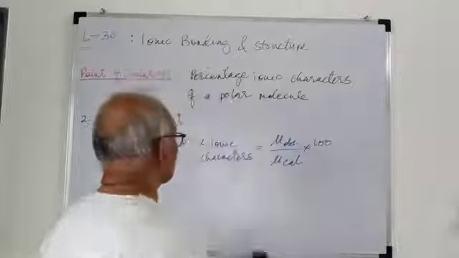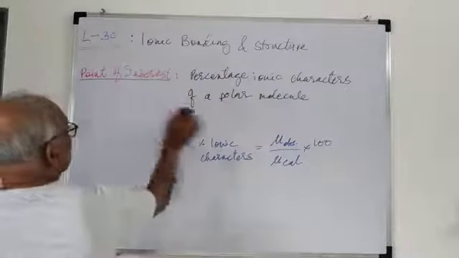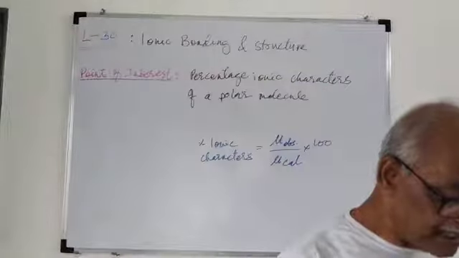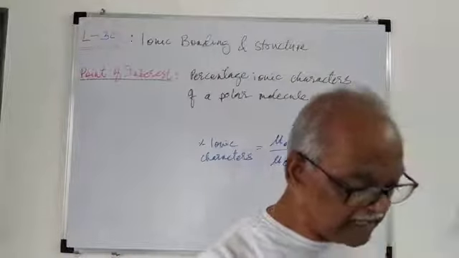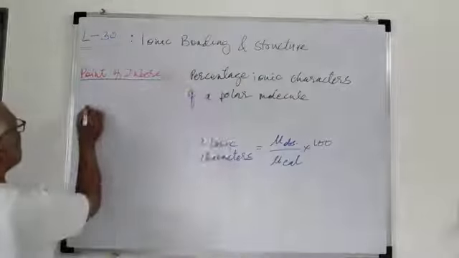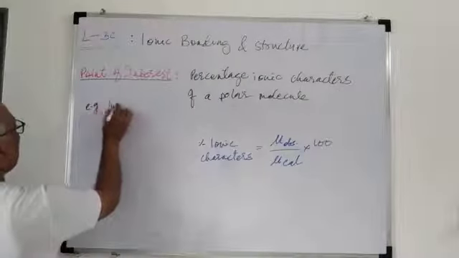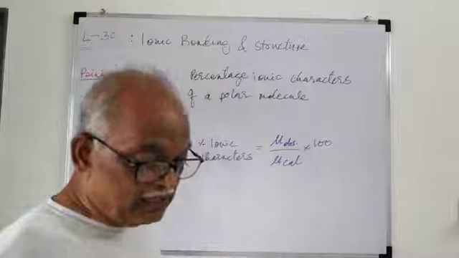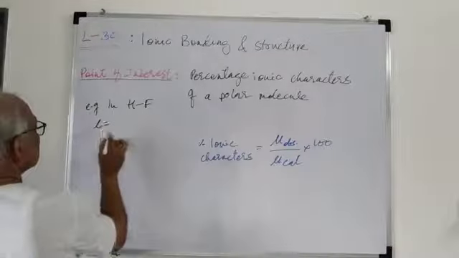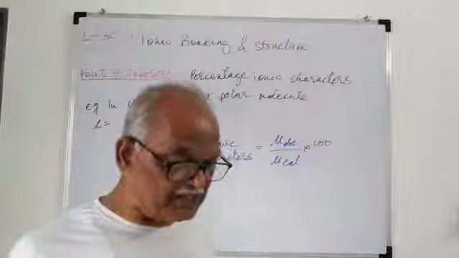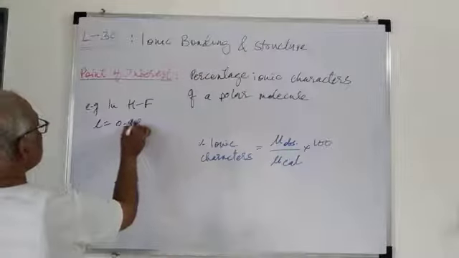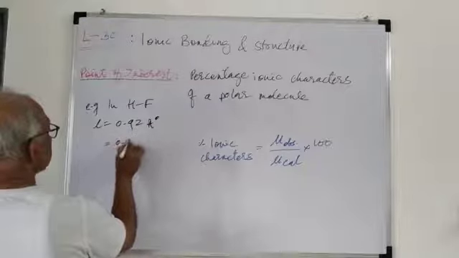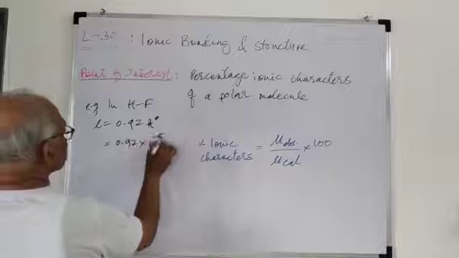We can study this by taking an example. In the case of the HF molecule, hydrofluoric acid, the bond length L is equal to 0.92 angstroms, that is 0.92 into 10 raised to minus 8 centimeter.